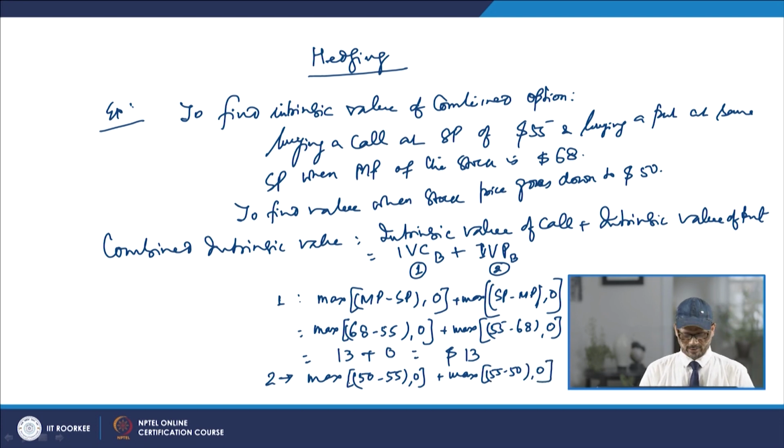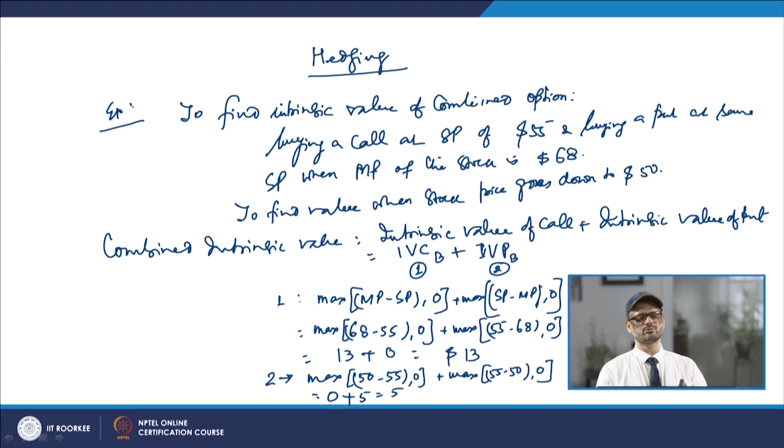So if you take the maximum of -5 and 0, it will be 0, and for the next value, the maximum of 5 and 0 will be 5. So you have 5. This way the intrinsic value of the call and the intrinsic value of the put can be calculated and added, and the value can be calculated in such combined cases.